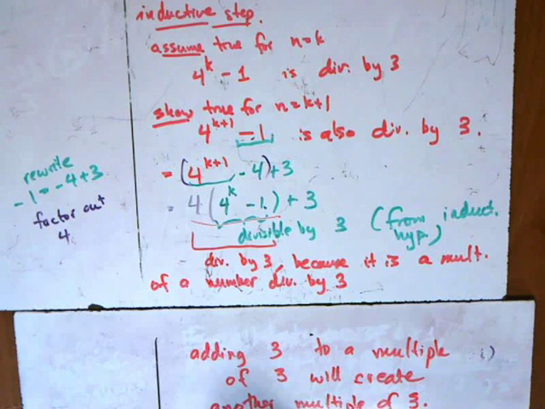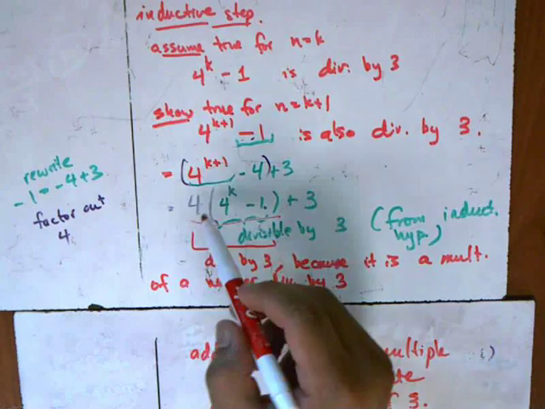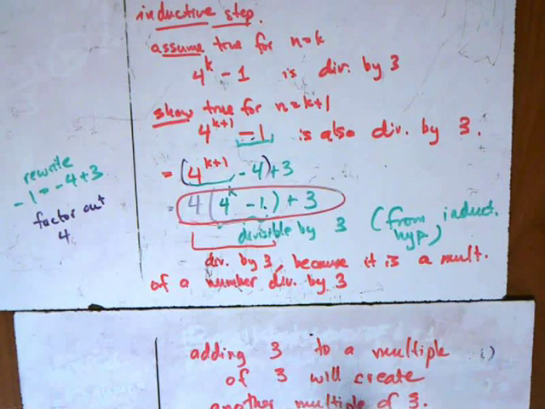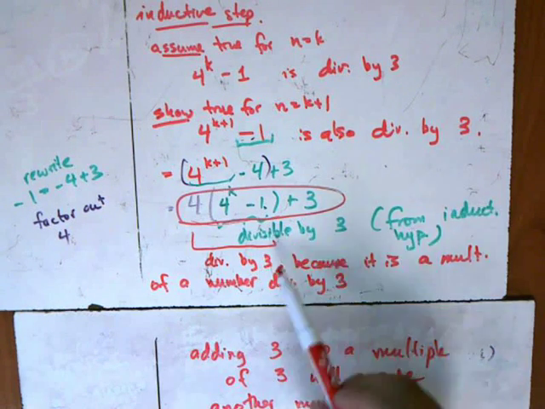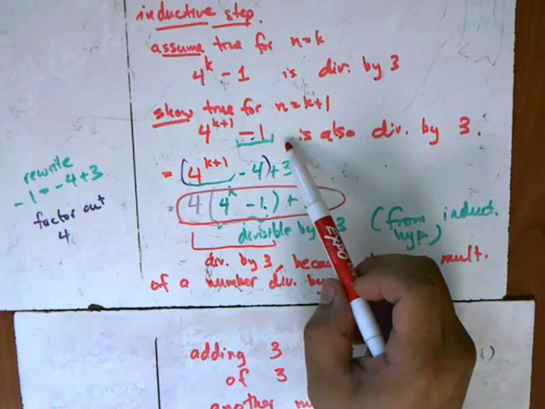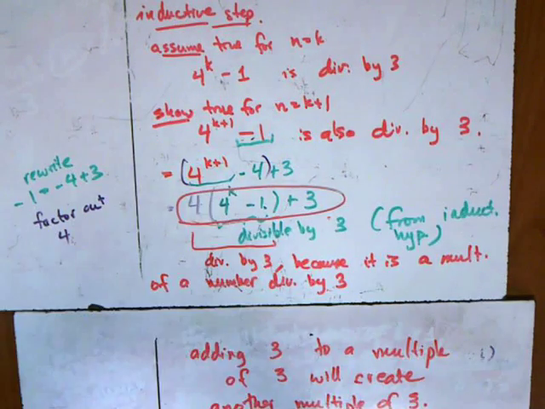Therefore, this entire expression is divisible by 3. And remember that this entire expression that I just circled is actually equal to what we're trying to prove in our inductive step. So this completes the proof.